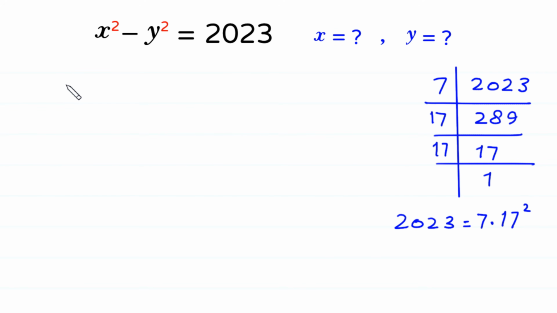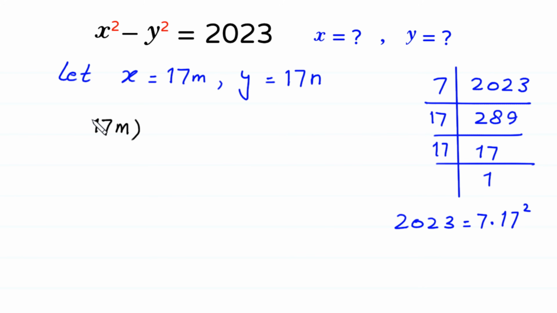So we suppose that x is equal to 17m and y is equal to 17n, and we substitute these values in the equation. Then this equation becomes 17m square minus 17n square is equal to, and we can write this 2023 as 7 times 17 square.